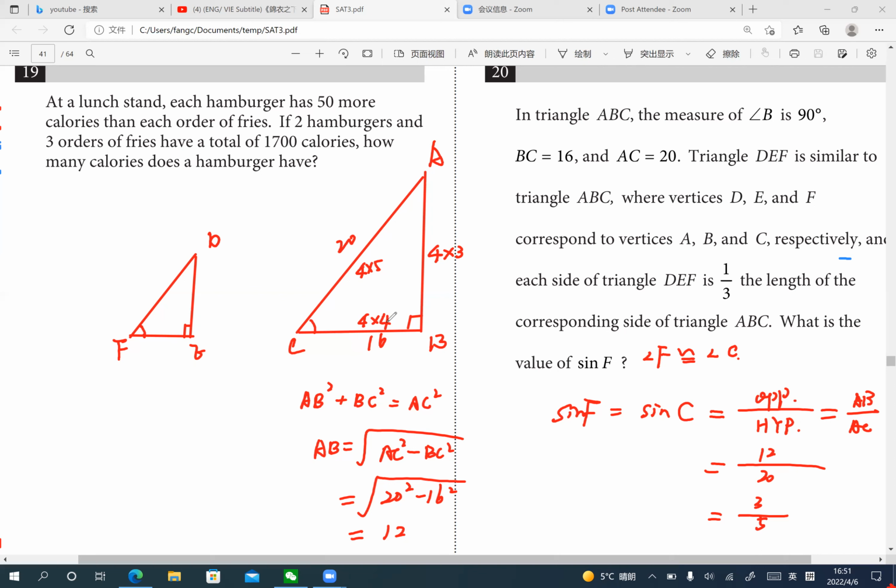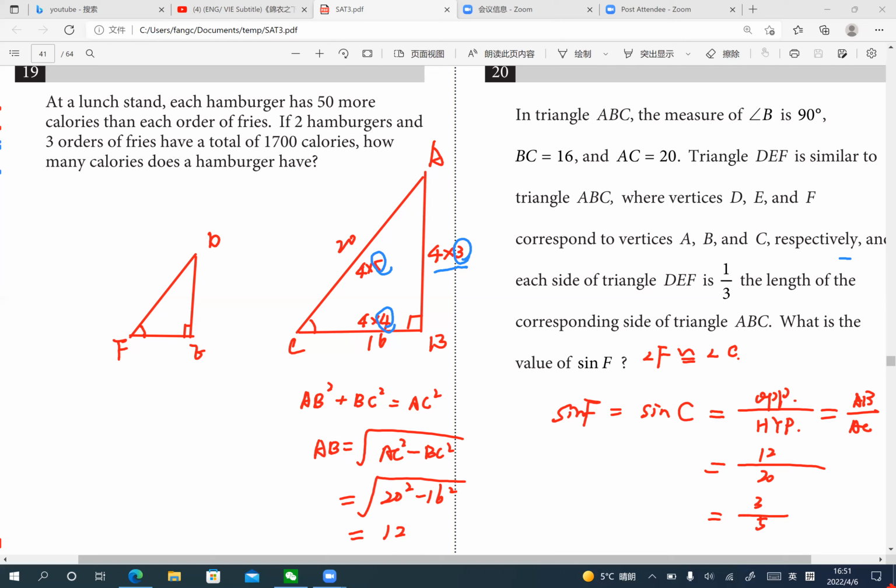Now we know triangle ABC is just an enlarged 3, 4, 5 right triangle. So AB should be equal to 4 times 3. So 4 times 5, 4 times 4, 4 times 3. Therefore, AB equals 12. This is an easier way to find the value of AB.